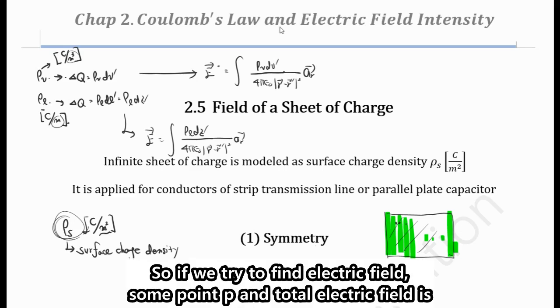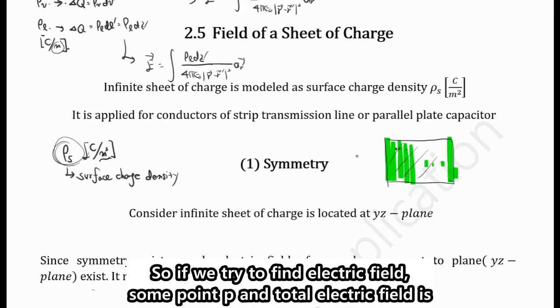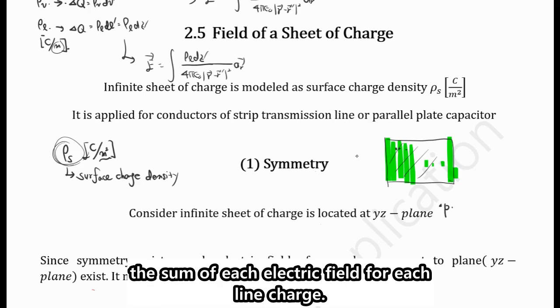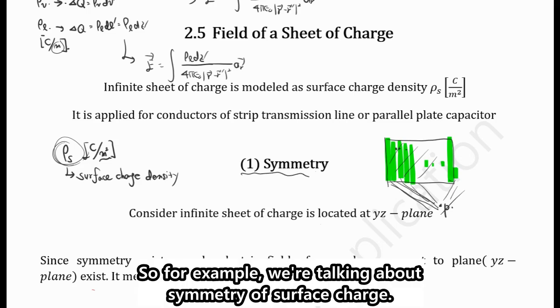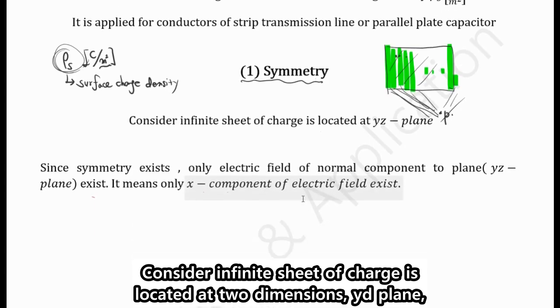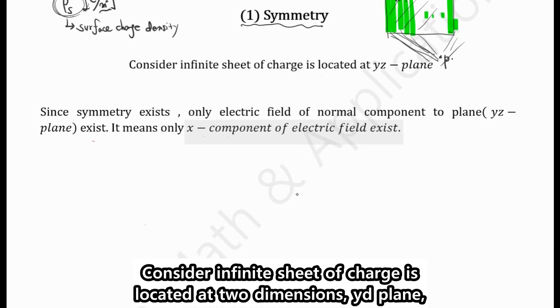So if we try to find the electric field at some point P, the total electric field is the sum of the electric fields from each line charge. For example, let's talk about the symmetry of surface charge. Consider an infinite sheet of charge located on the two-dimensional YZ plane.